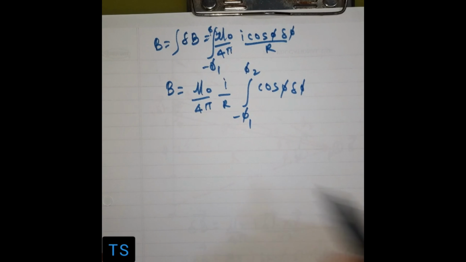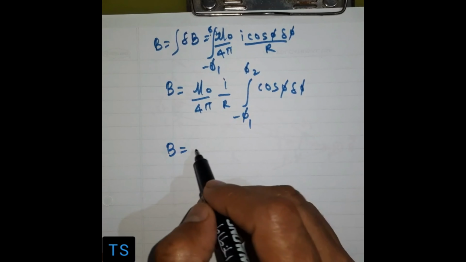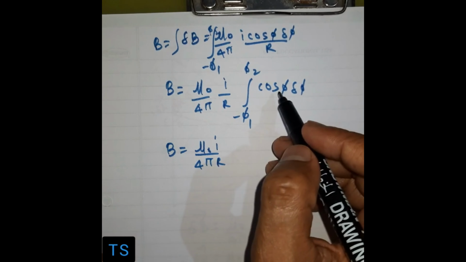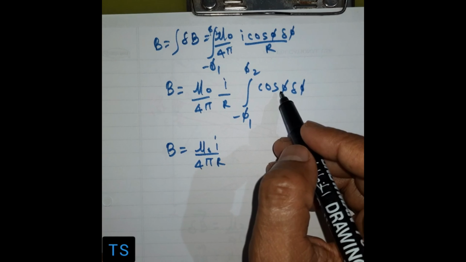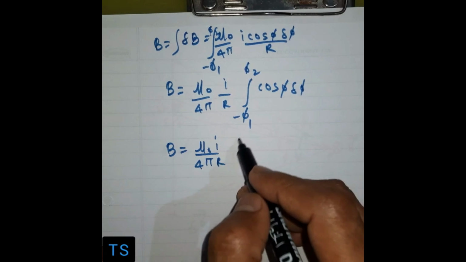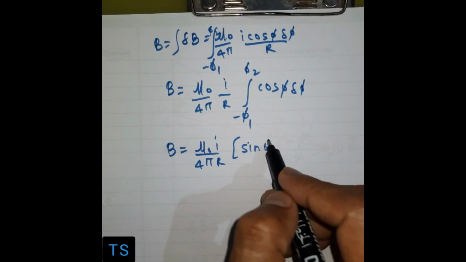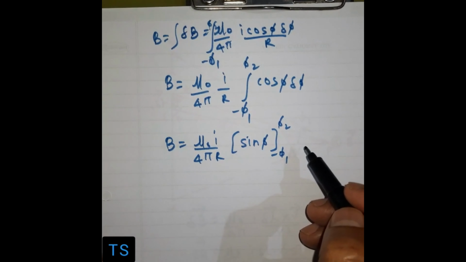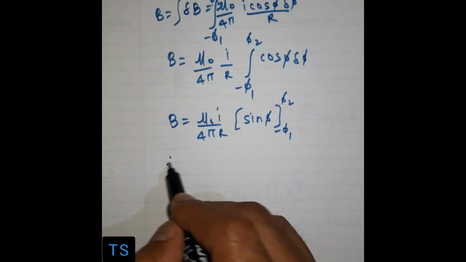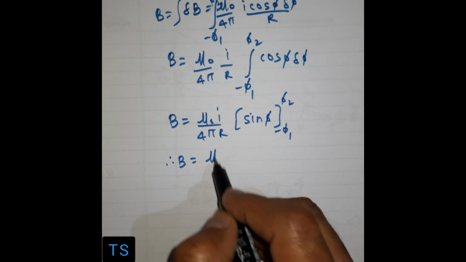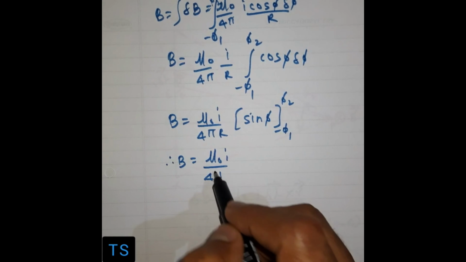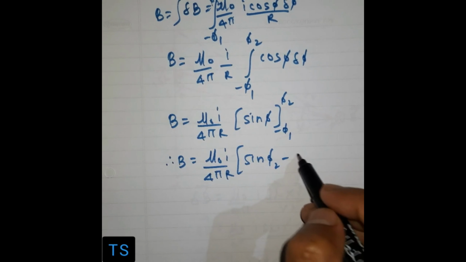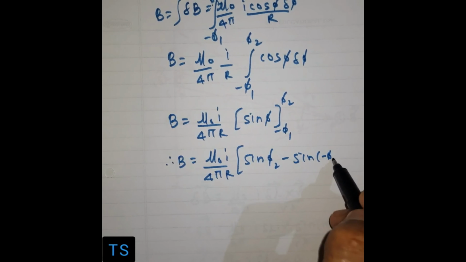If I simplify this, I get mu naught I upon 4 pi R, integration of cos phi. We know very well it's sine, so I get sine phi from minus phi 1 to phi 2. I substitute the upper limit and the lower limit, so I get B equals mu naught I upon 4 pi R into sine of phi 2 minus sine of minus phi 1.